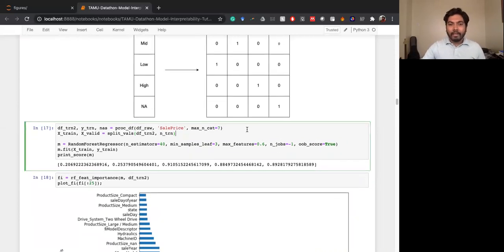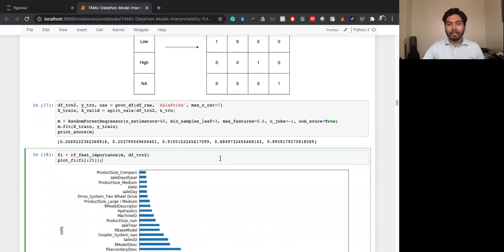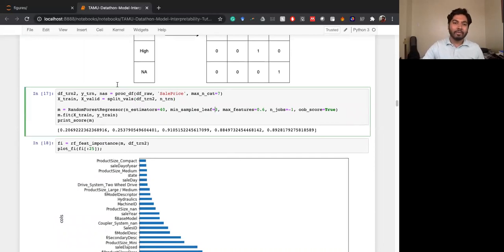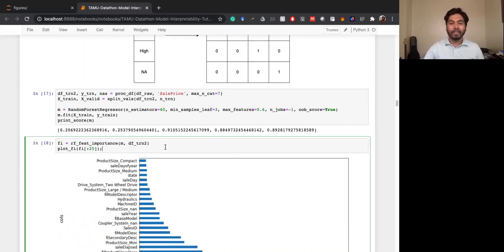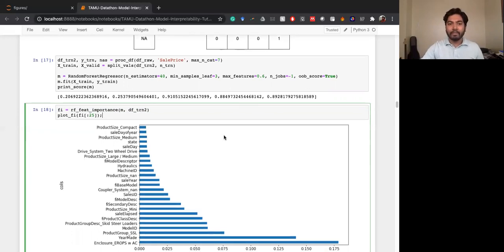So once I encode this as categorical features and retrain, I see that the performance has decreased slightly. I did this so that in the later part of this tutorial, I can show you how we can do some analysis with categorical features.